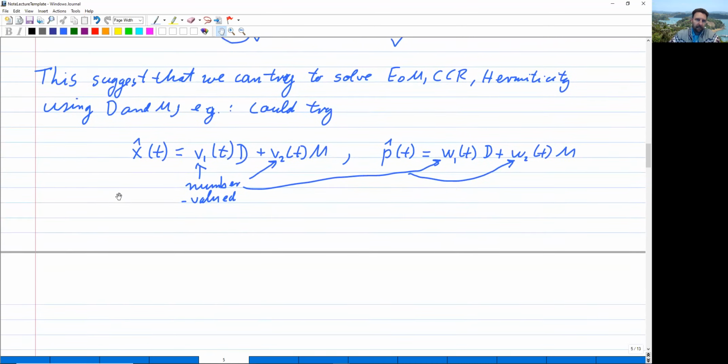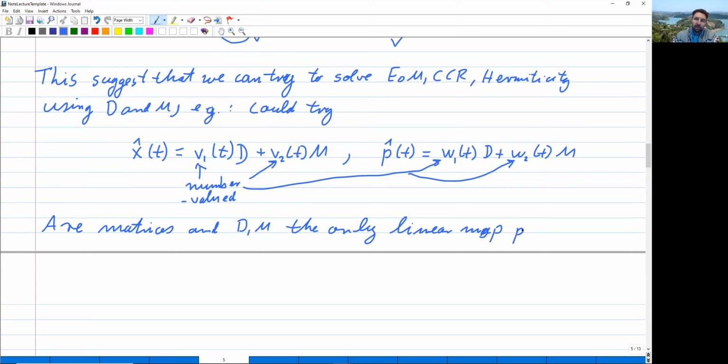And you could ask, are matrices and D, M the only linear map possibilities?